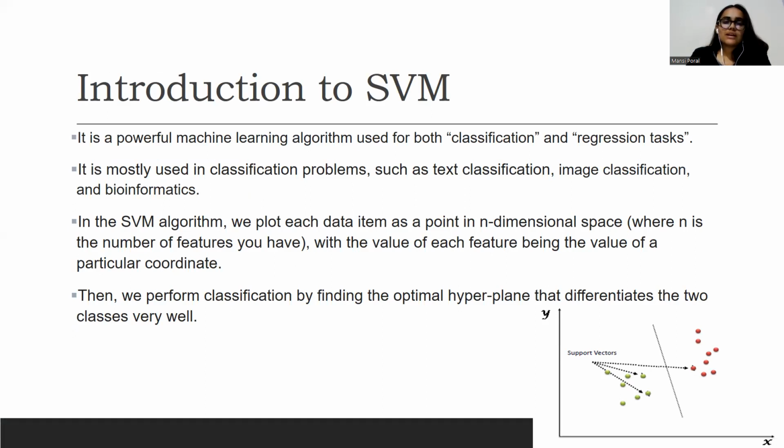It is mostly used for classification problems such as text classification, image classification, and in bioinformatics. In the SVM algorithm, we plot each data item as a point in n-dimensional space, where n is the number of features you have, with the value of each feature being the value of a particular coordinate. Then we perform classification by finding the optimal hyperplane that differentiates the two classes very well.